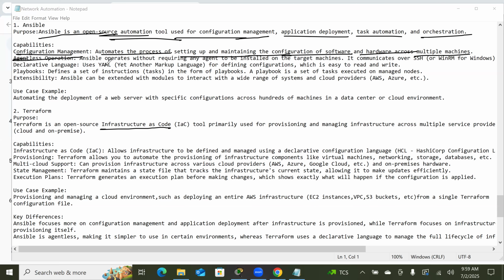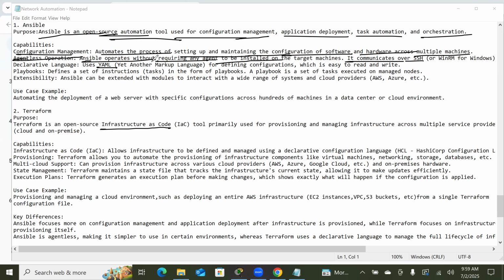Next, it's an agentless operation. That means Ansible operates without requiring any agent to be installed on the target machine. It will be installed on the SDN, where it communicates over SSH. SSH means what? Secure Shell. And it will use a language called YAML. What is YAML?